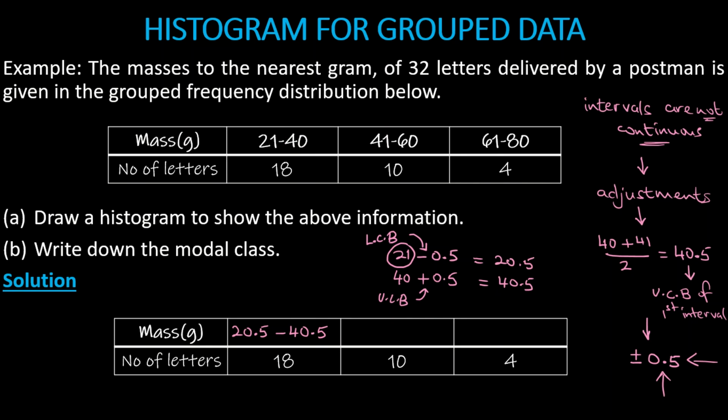Right? Now doing this for the second and third interval is going to give us 40.5 up to 60.5, and the third interval from 60.5 to 80.5. Now what do we observe?